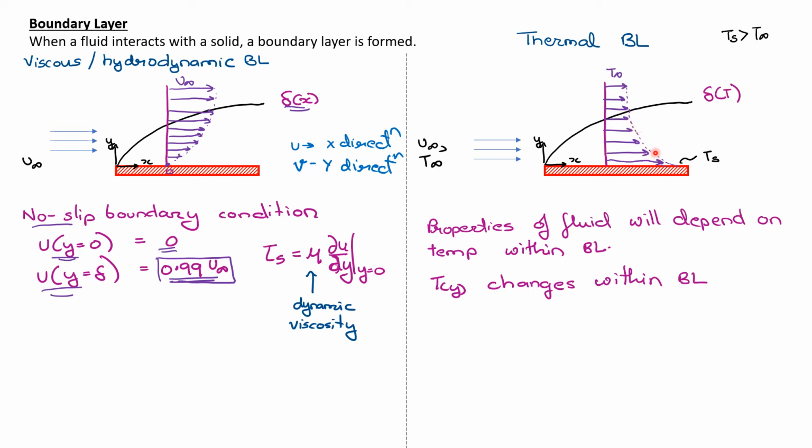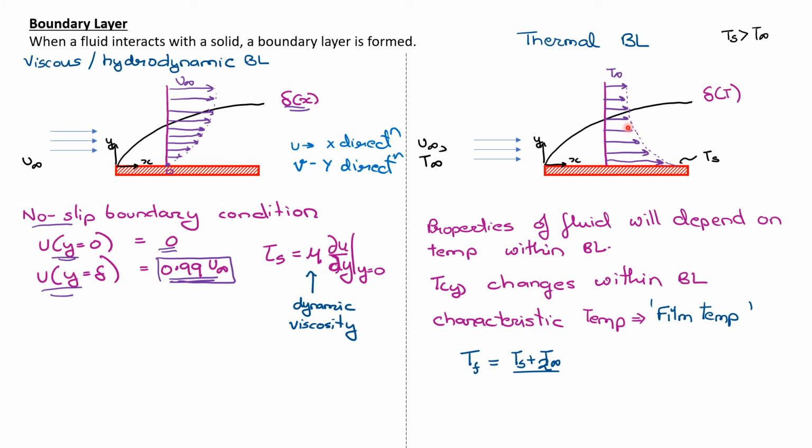Because your temperature is changing as you move away in the y direction, your properties will change as well. Say your volumetric thermal expansion coefficient will be a function of temperature, and it will change as you move away from the surface. So if you're asked to find these thermal properties, you need a characteristic temperature at which you can go to the tables or the appendix and look up these values.